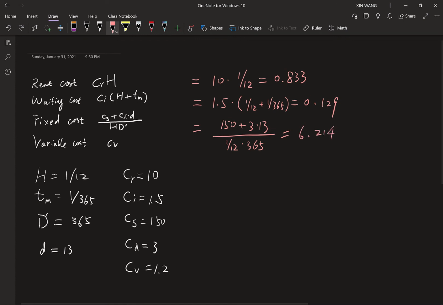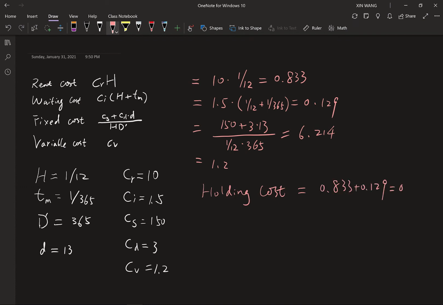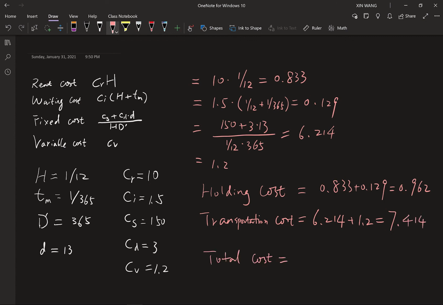And then the variable cost is 1.2. So the total holding cost equals the run cost plus the wait cost, which equals 0.962. And the total transportation cost equals 7.414. Okay, so the total cost equals the sum of the two cost terms. Remember, this is per item.